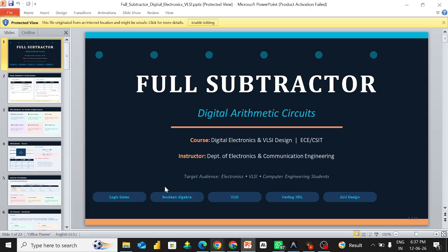Before learning the full subtractor, remember that computers perform not only addition but also subtraction, right? Whenever a processor compares two numbers, calculates addresses, performs arithmetic operations or executes instructions, a subtractor is required. Why?